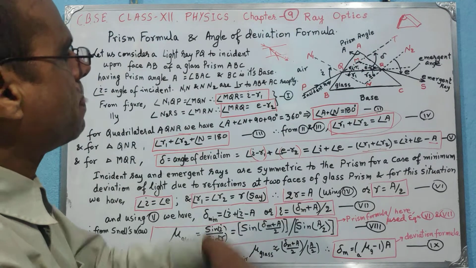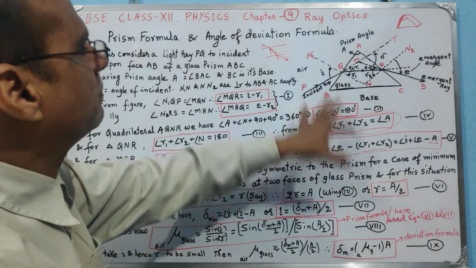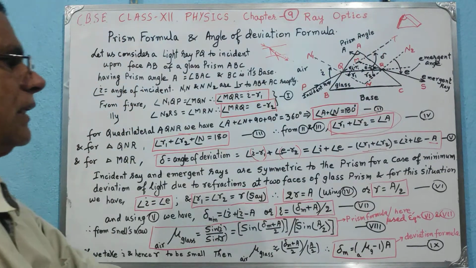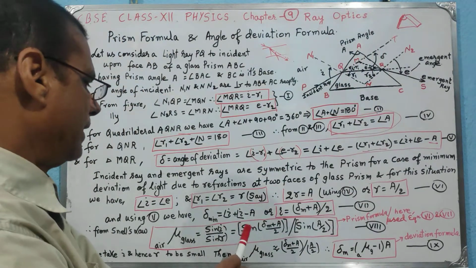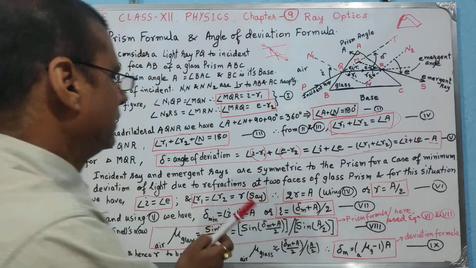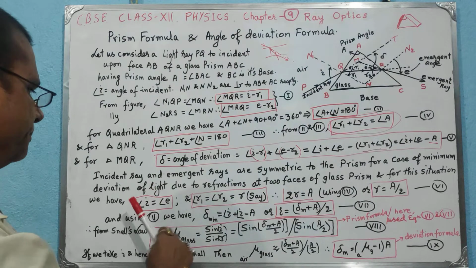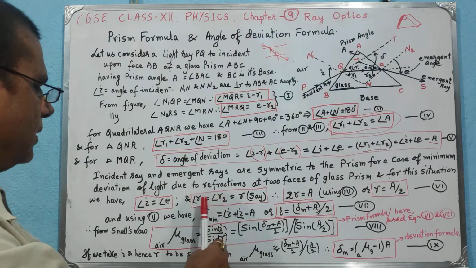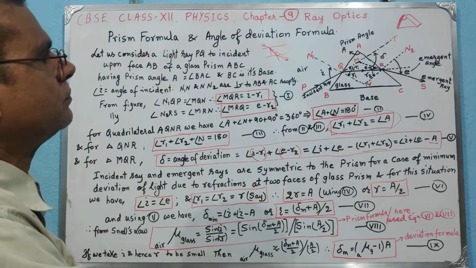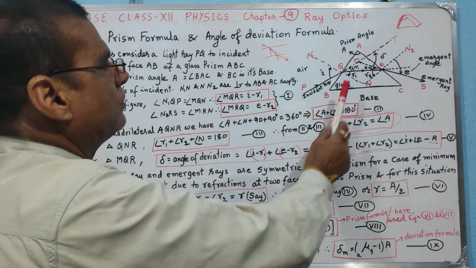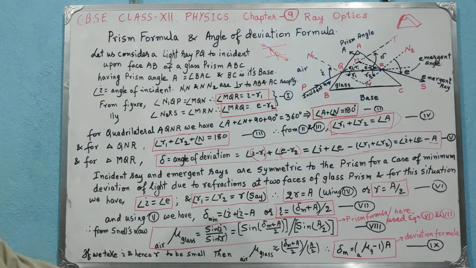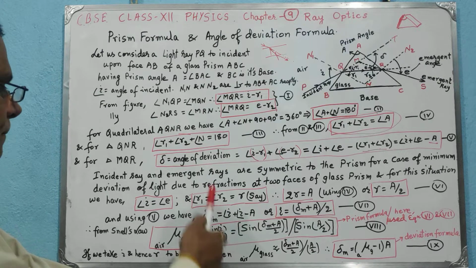So for the case of minimum deviation, we take angle of incidence equal to angle of emergence, I equal to E, and therefore we have R1 equal to R2, because I and E become equal, so these two, R1 and R2, also become equal.